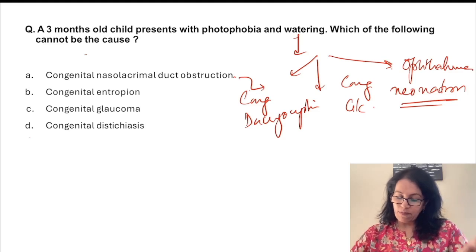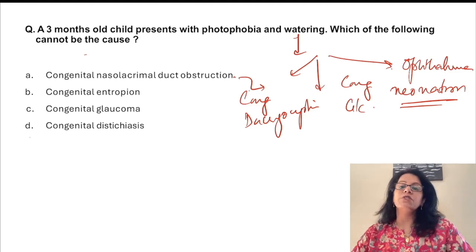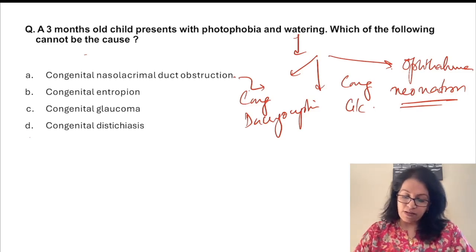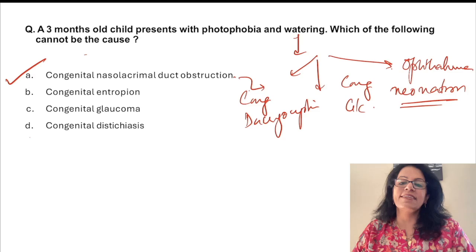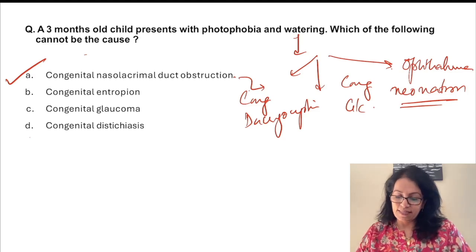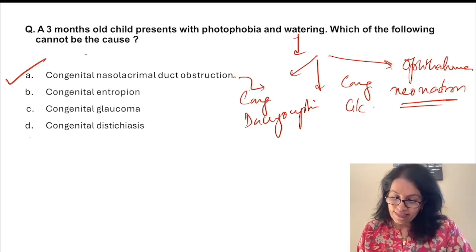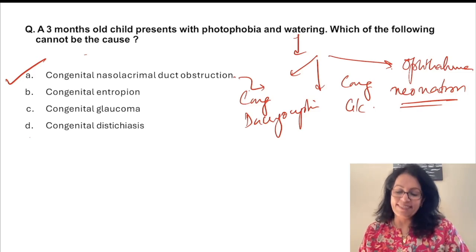Because you all were not very sure about unilateral, bilateral, I've just given you the information. But what would be the best option? If these are the four options and I have to mark it, I don't have any other way but to mark congenital dacryocystitis. Hope it's clear.